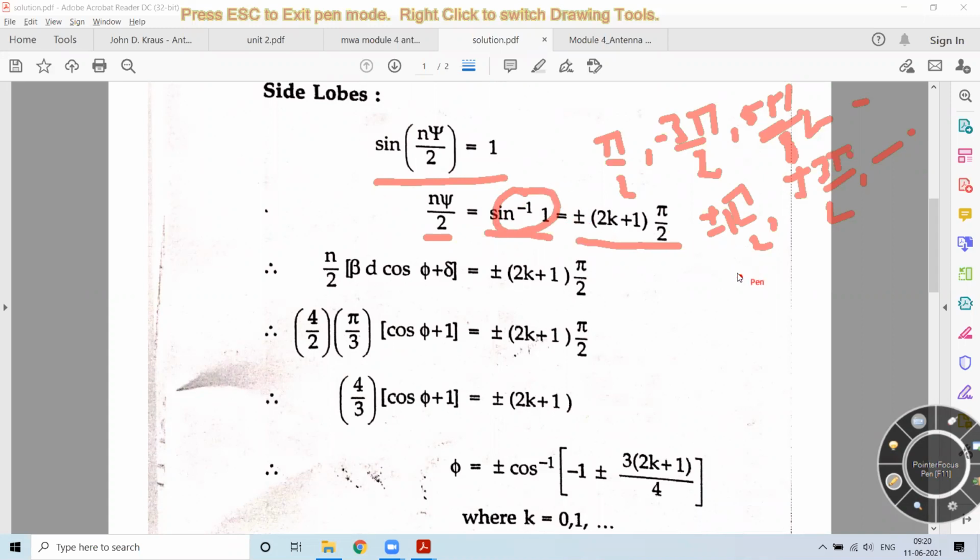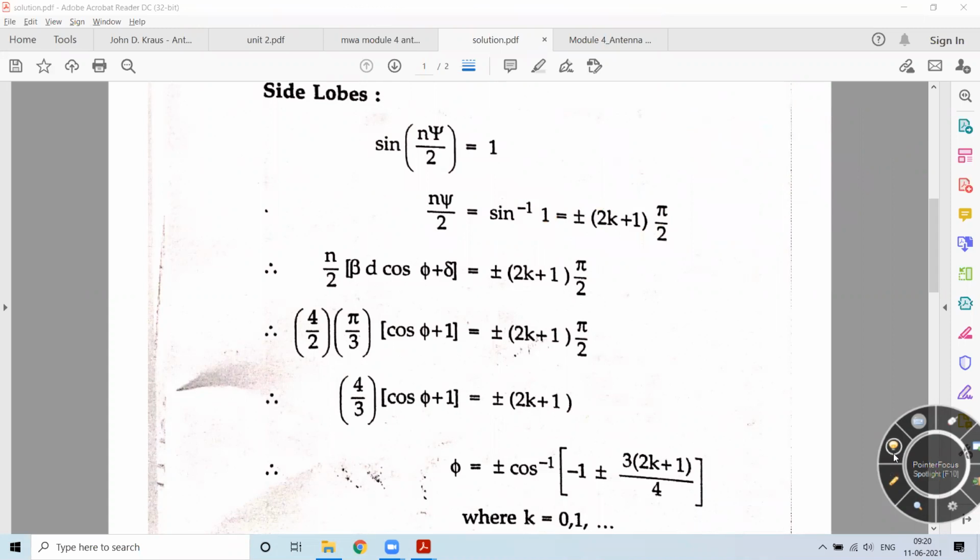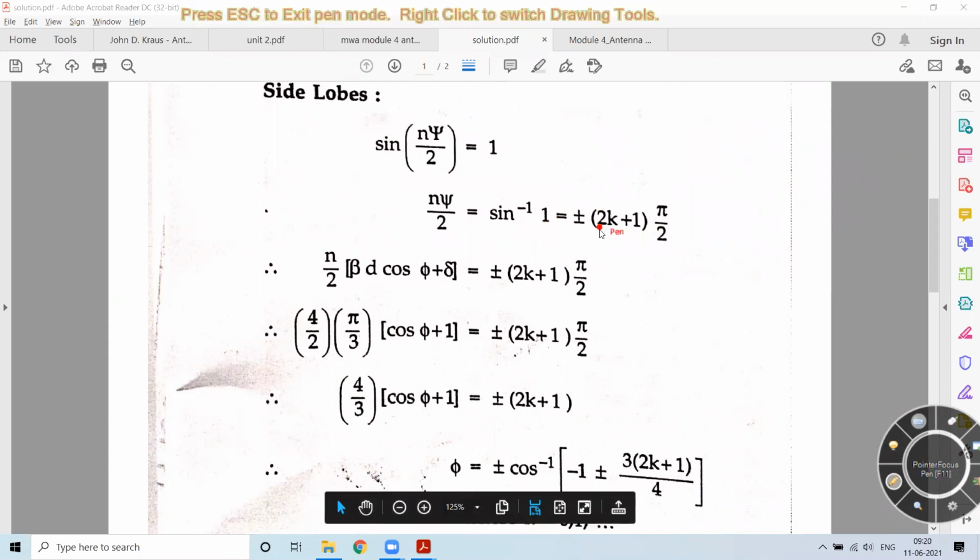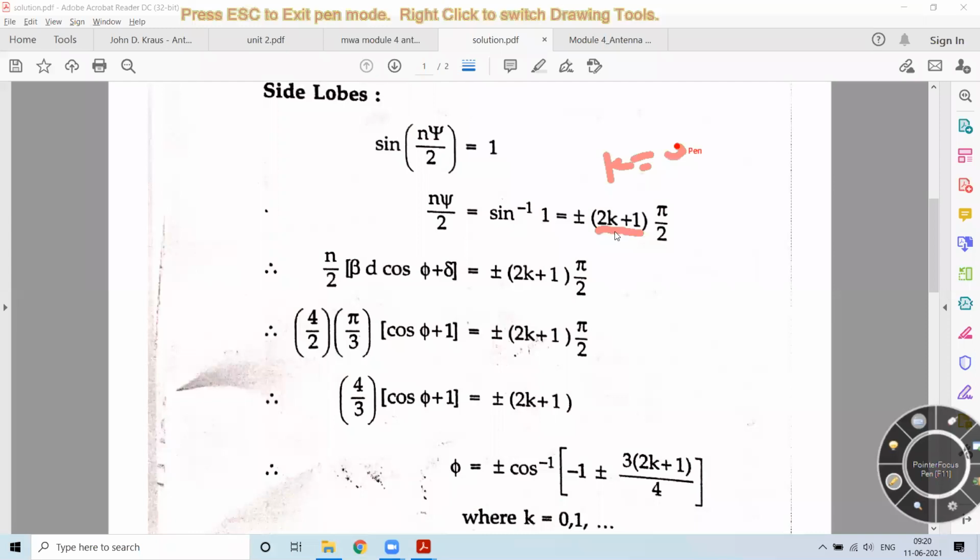So how do I write it in general form? This one has to always be an odd number. So how do I specify that value? I specify it as 2k plus 1. If k is equal to 0, this value is equal to 1.